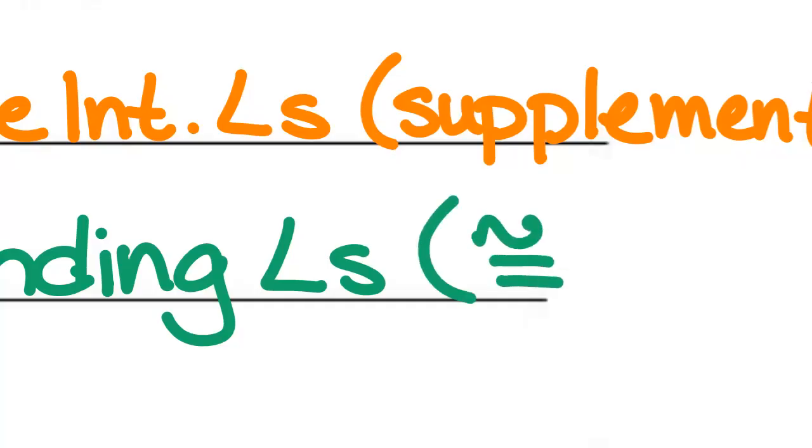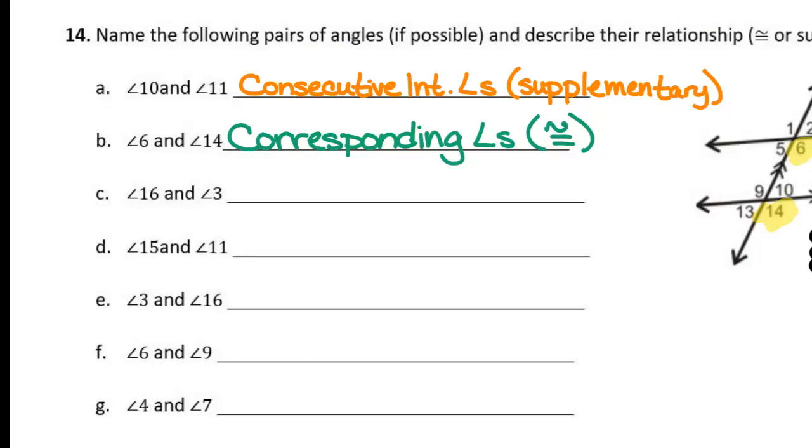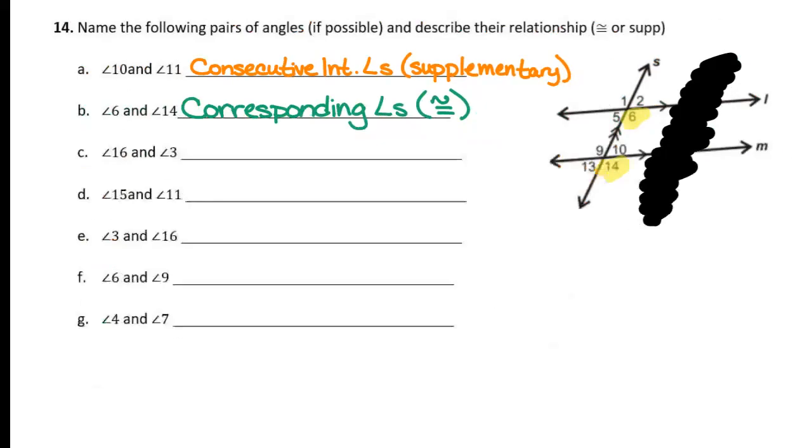Congruent. Most of the angle pairs that we've learned about are congruent. There's only 3 that we've learned about that are supplementary. One of them is linear pairs. And then both of the consecutives, consecutive interior and consecutive exterior, are supplementary.